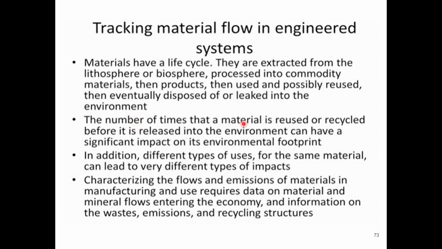The number of times that a material is reused or recycled before it is released into the environment can have a significant impact on its environmental footprint. In addition, different types of uses for the same material can lead to very different types of impacts. So, characterizing the flows and emissions of materials in manufacturing and use requires data on material and mineral flows entering the economy and information on the waste emissions and recycling structures.